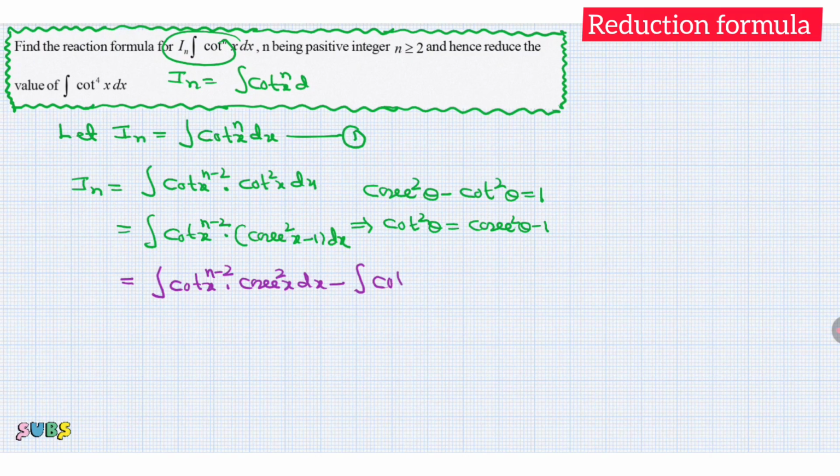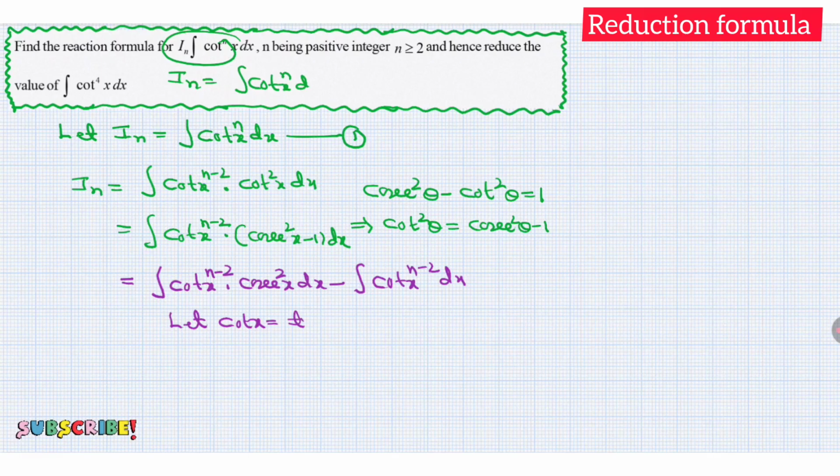Once again here cot x power n minus 2 is multiplied with cosec square x, then we get integration cot x power n minus 2 into cosec square x dx, and cot x power n minus 2 multiplied with minus 1, then we get here cot x power n minus 2 dx.